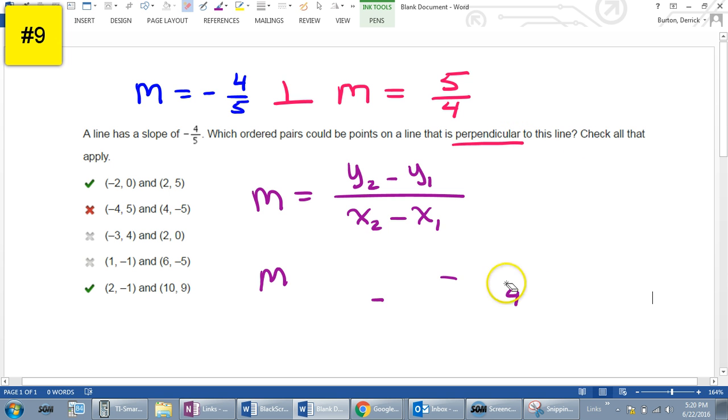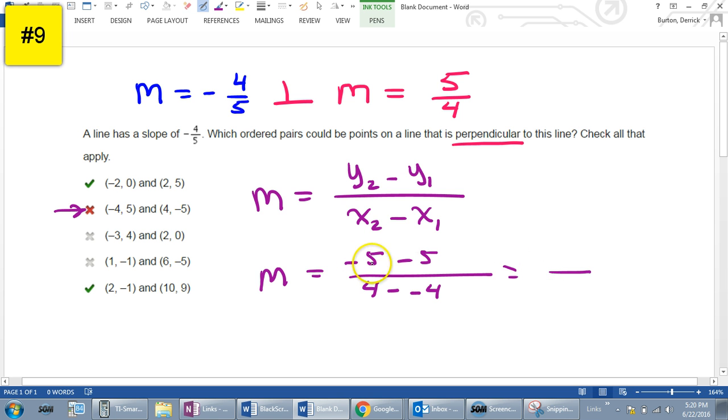We just do that repeatedly. Let's do one more, because you got the rest of them right. Again, y minus y: -5 minus 5. And I'm going to do 4 minus -4, double negative. -5 minus 5 is -10.